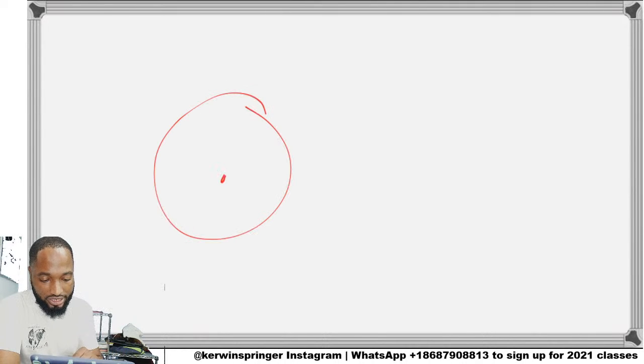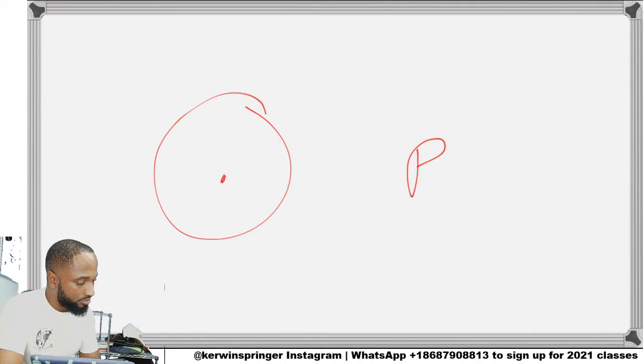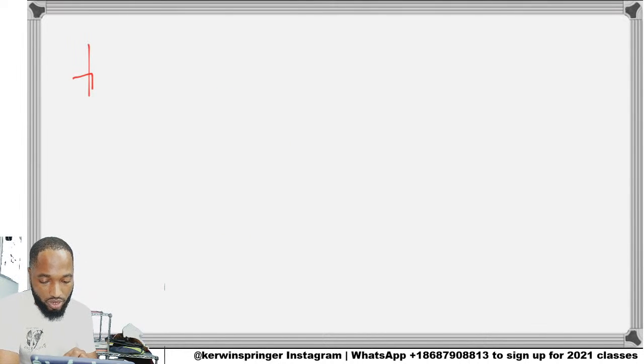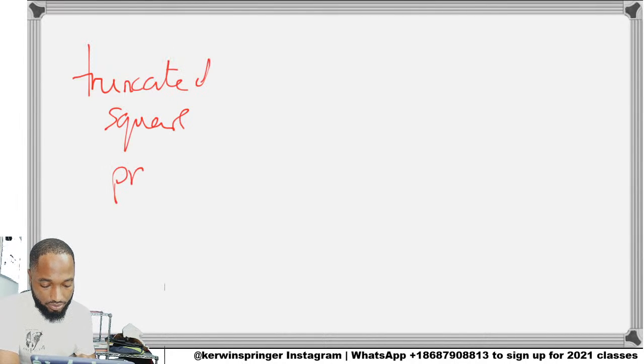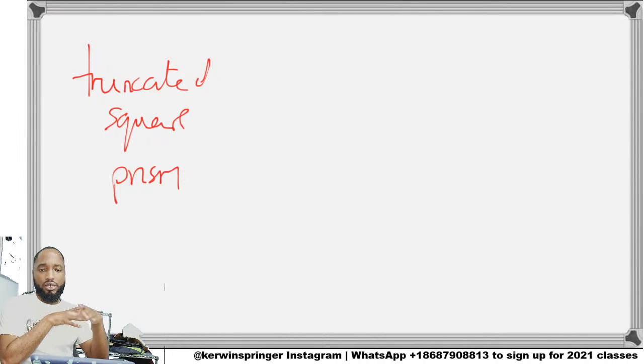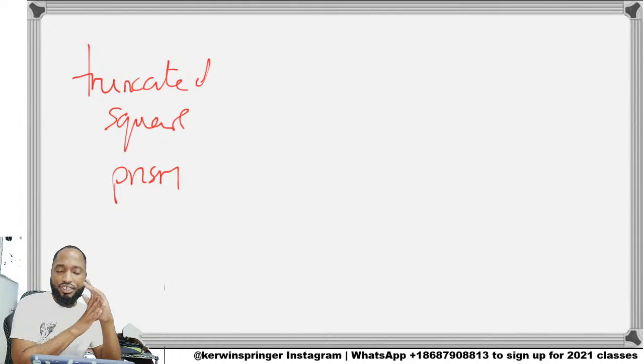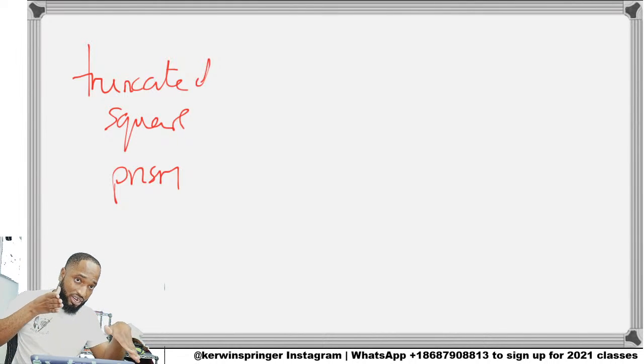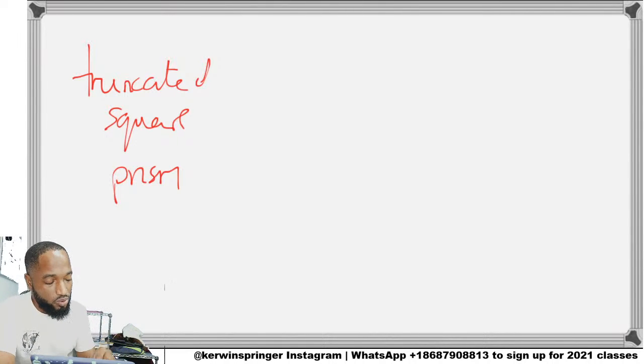If you want to create a tangent from here, what's the first step? What is the development of a truncated square prism? This brings real ridiculousness. So a truncated square prism, truncated triangular prism. What is the development?